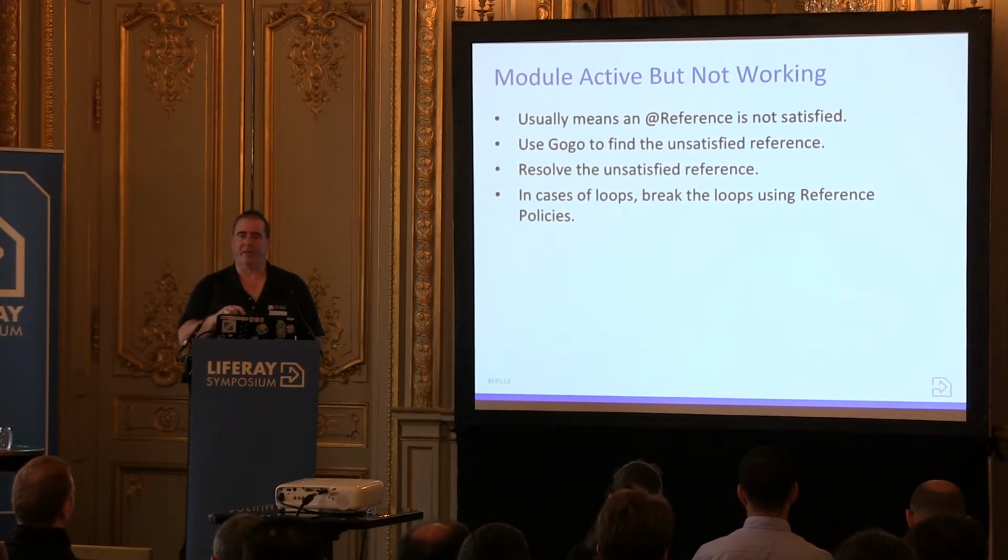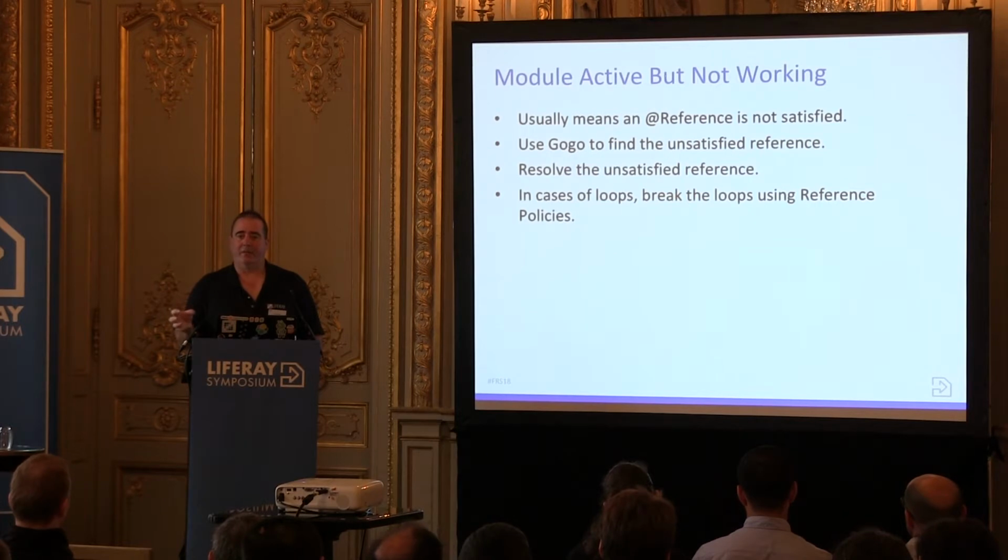Loops can be kind of interesting. If you have two component services that you create yourself, Foo and Bar, and Foo has an @Reference dependency on Bar, and Bar has an @Reference dependency on Foo, OSGi is not going to be able to start either one of them because the service is not available for it to start.